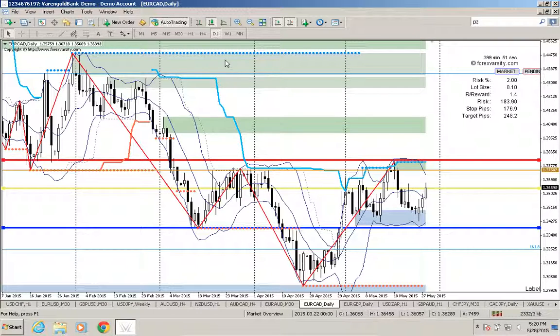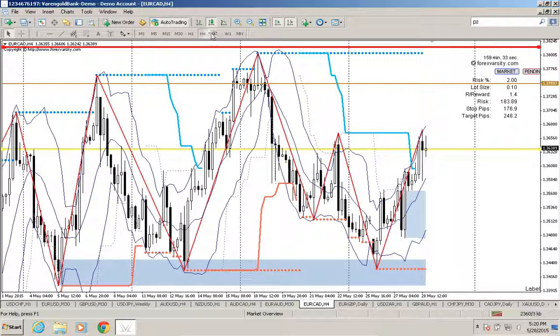Okay, on a daily chart it is not ideal, as your stop loss will be big, as here your stop loss is 176 pips, but your target is about 240, 250. But that is one way I use to spot good quality breakouts.